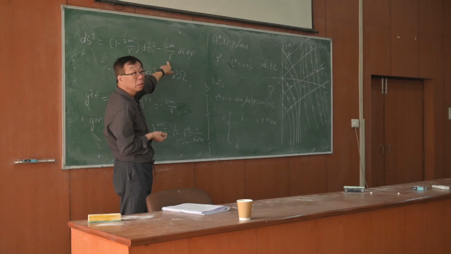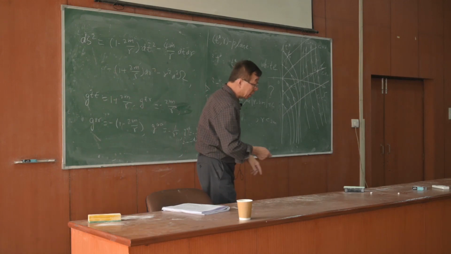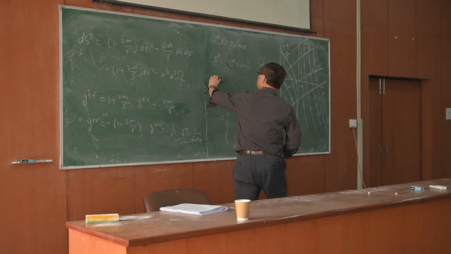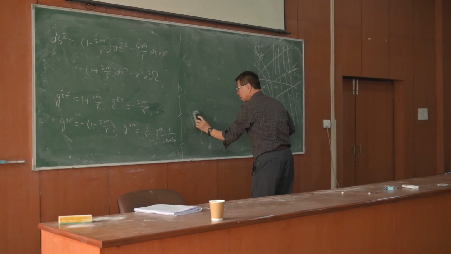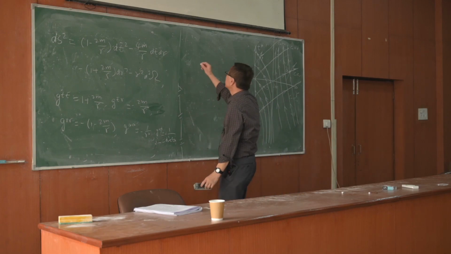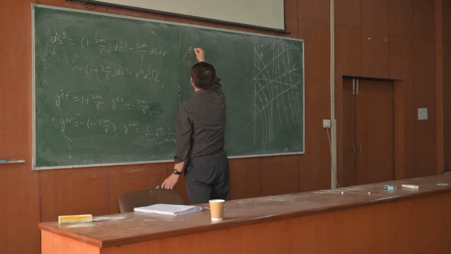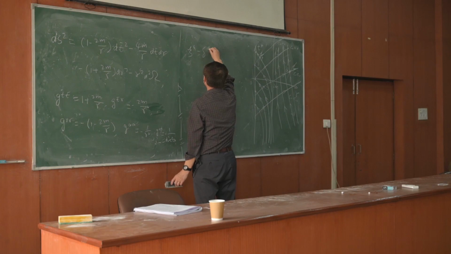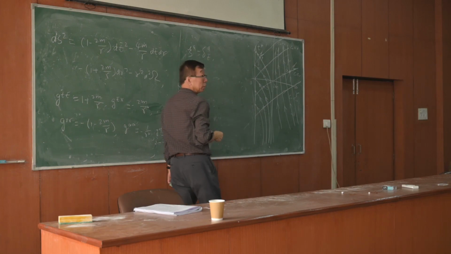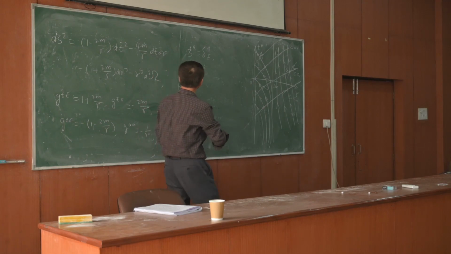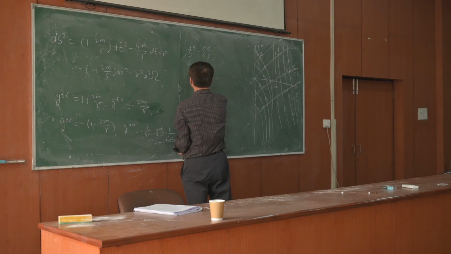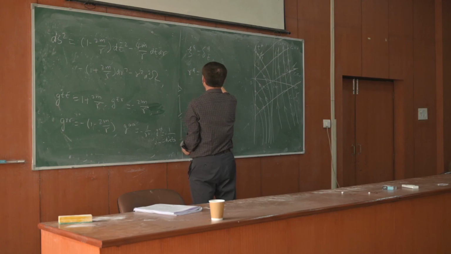GPR term, right? So if I consider A equals delta A T bar, this is the vector along the T bar direction, tangential. I also consider RA equals delta AR.